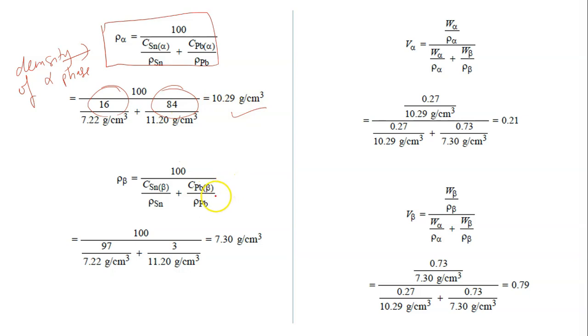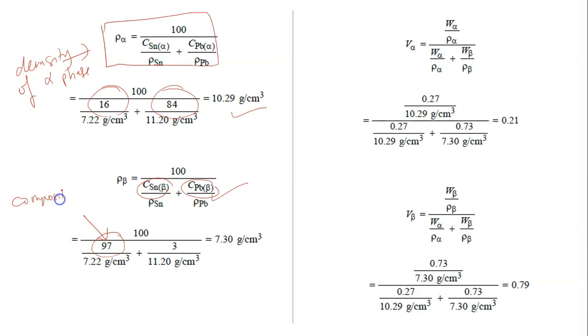You calculate your density for the beta phase also, using all the values that you have figured out. I know that a lot of you might get confused with all these terms, so that's why I'm repeating it over and over again. So this is the composition of tin in beta phase. Let me just write it down.